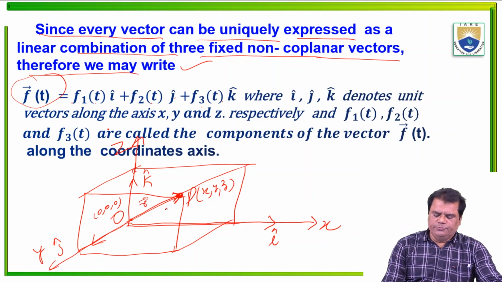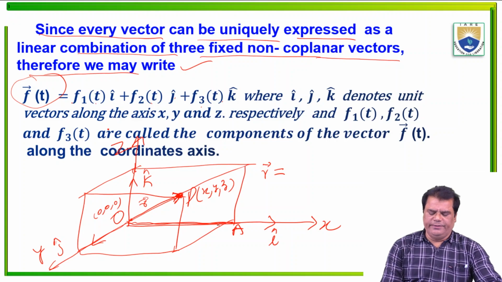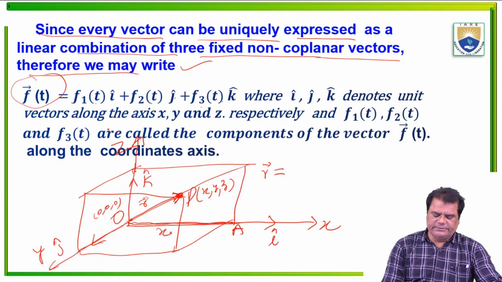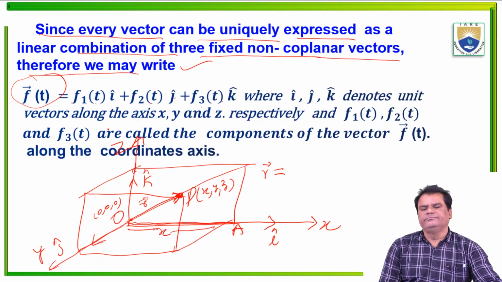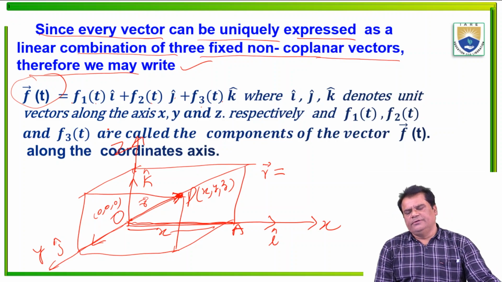Now, what is vector R? First of all, we go to OA. OA is the x distance, the distance covered on the x axis.